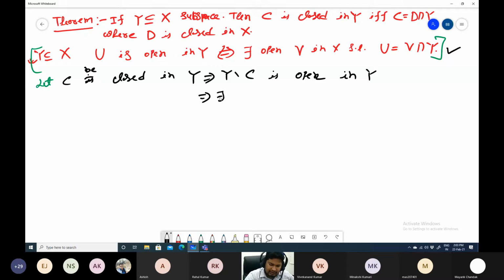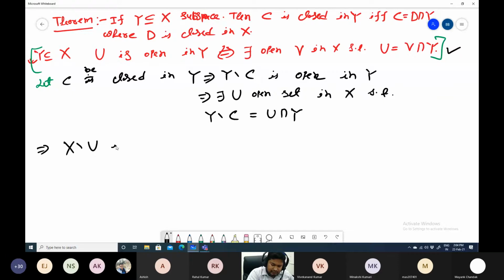So that implies there exists, say, U, which is an open set in X such that Y minus C equals U intersection Y. Okay. Now since U is open in X, that implies X minus U is closed in X, right? Now let D equal this closed set, say X minus U.